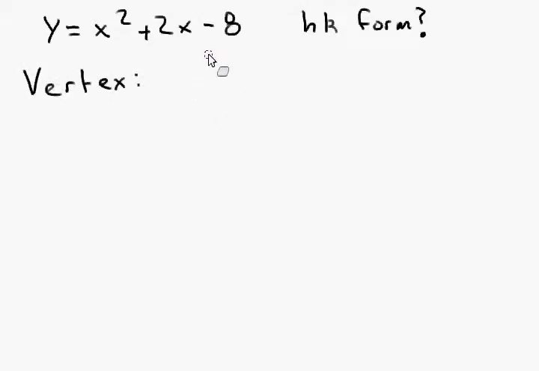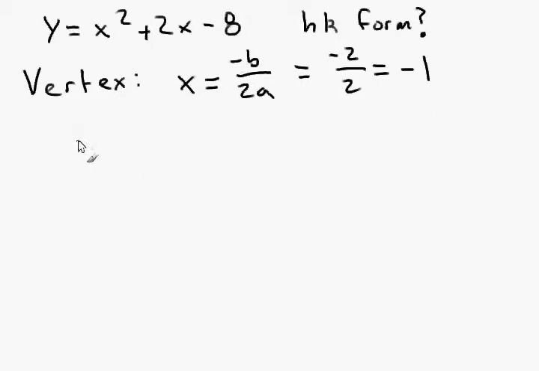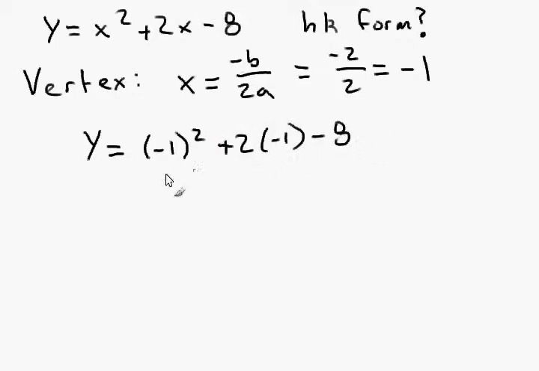And if you'll recall, we said that the vertex is at x is equal to minus b over 2a. That gets us the axis of symmetry. So this is minus 2 over 2. Negative 1 is the axis. And then y is equal to negative 1 squared plus 2 times negative 1 minus 8. This is 1 minus 2 minus 8, negative 9. So the vertex is negative 1, negative 9.